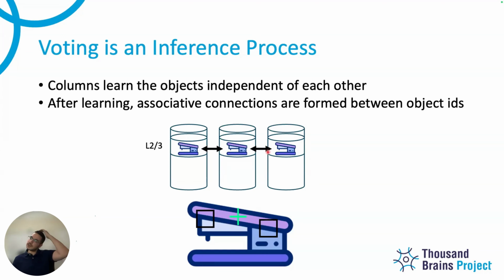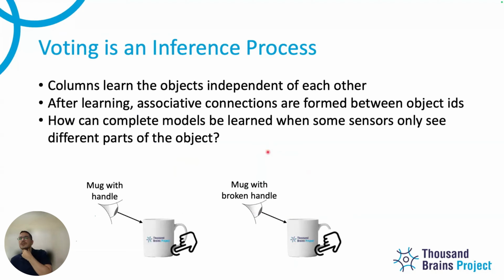So I guess the question here is, if some sensors can only see different parts of the object, how can we build a complete model that we could vote on? I've been thinking about this, and I think we all have been discussing it in one way or another.